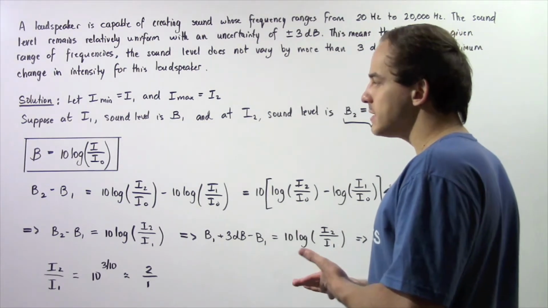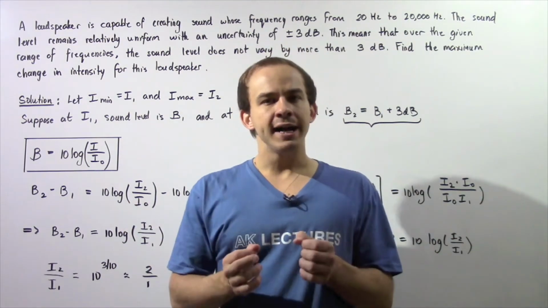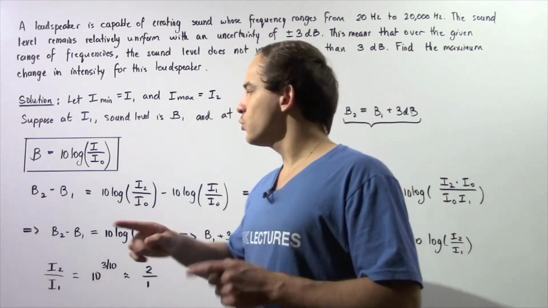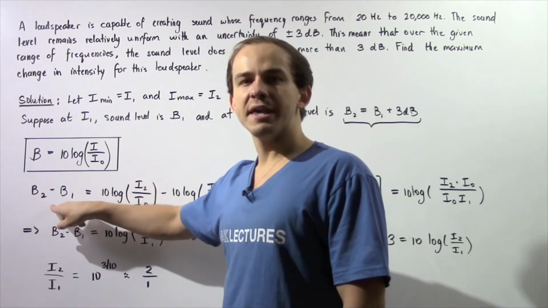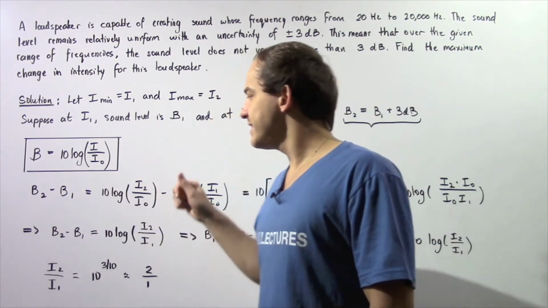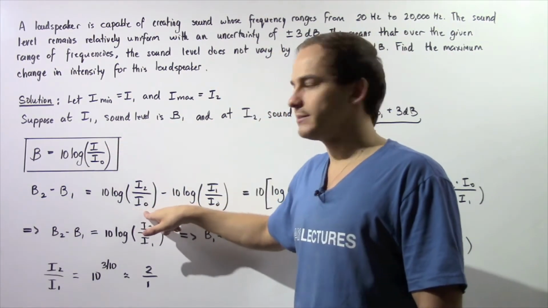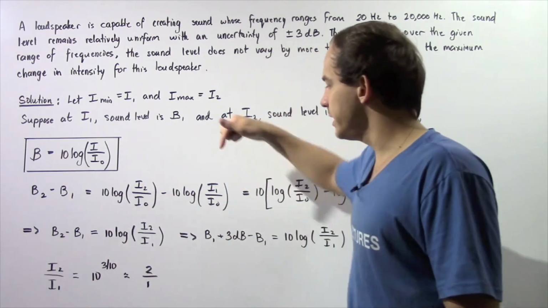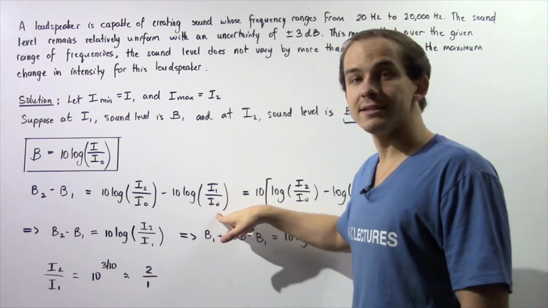So we want to begin by finding the difference between B2 and B1. So B2 minus B1 is equal to, well, B2 is simply 10 log of I2 divided by I0. And B1 is simply 10 log of I1 divided by I0.